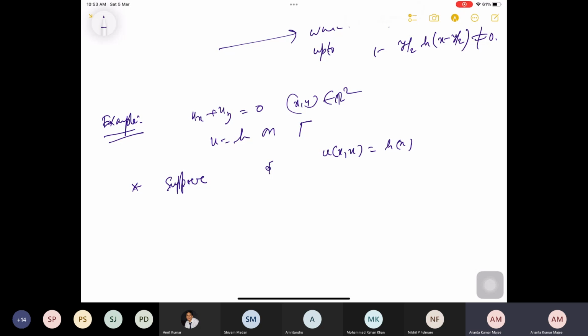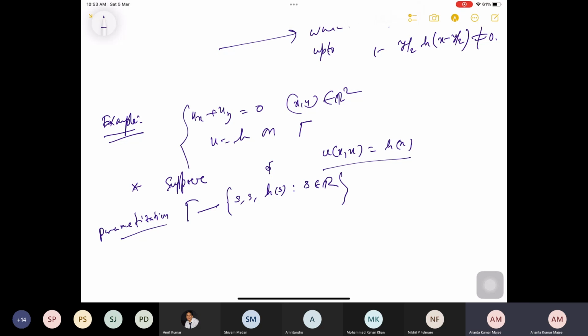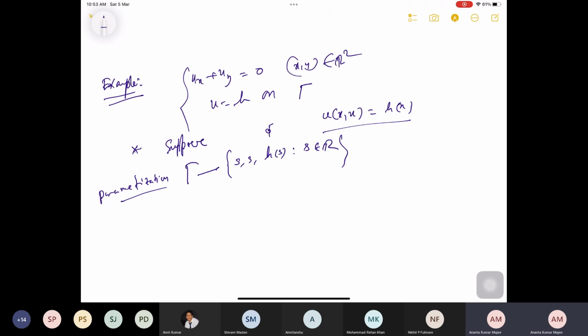So the initial parametrization for my gamma in this case is s, s and h of s. Initially I said I have an arbitrary gamma, but I try to impose conditions on gamma so that I may have unique solutions or non-unique solutions.